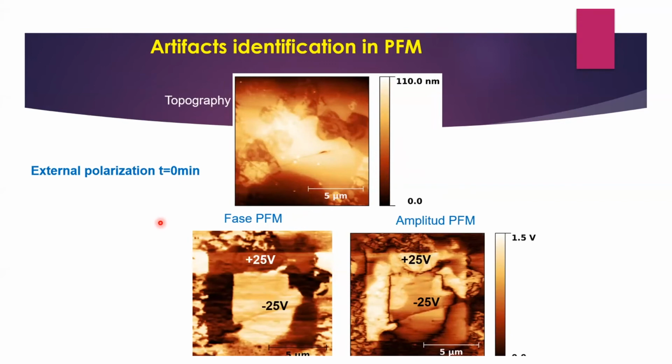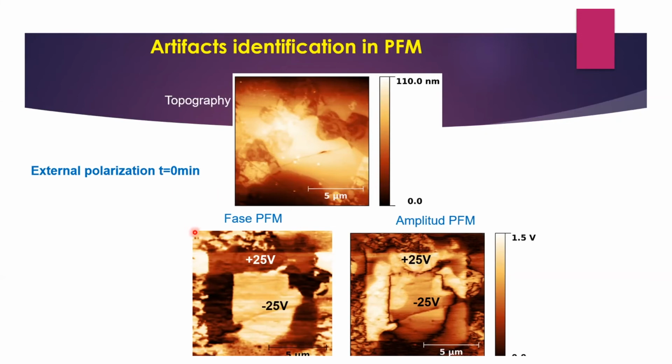And we apply this voltage in one region of the sample, and in a concentric area, we apply the opposite external field, and we measure the PFM image, and we obtain this image where we can see that we modify these domains, and we can see the domain walls in the amplitude signal.